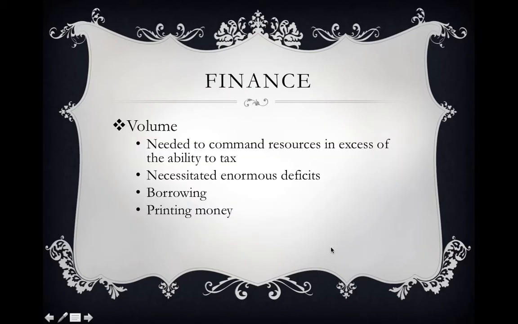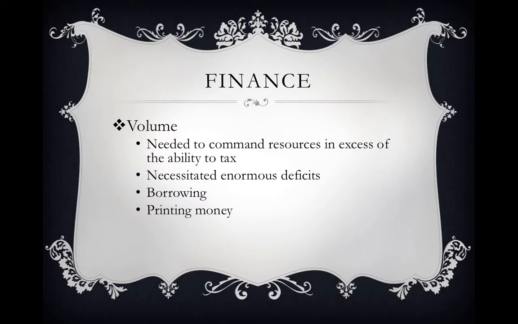So in the financial end, how is the federal government going to finance the war? And realize that the war means that they have to have command of resources, particularly income, but it's going to have to spend at a much greater level than it has the ability to tax. So this necessitated that the United States would have to borrow money on a grand scale.